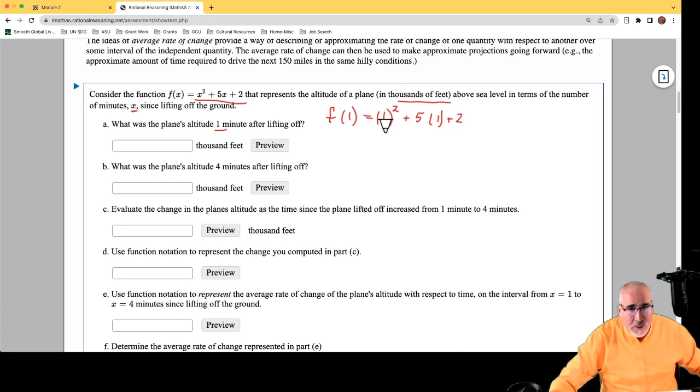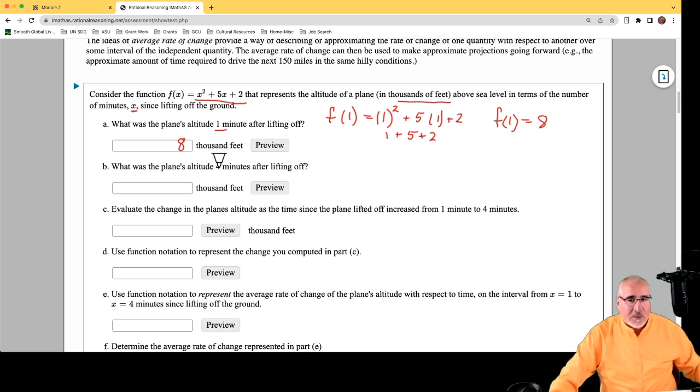Like 1 squared is 1. 1 times 5 is 5, plus 2, so that's going to give us 8. So f of 1 equals 8. So after 1 minute, they're already up to 8,000 feet above sea level.